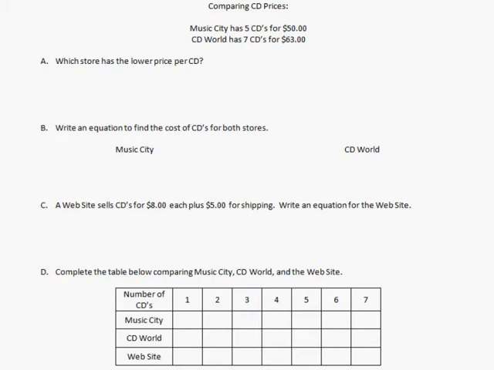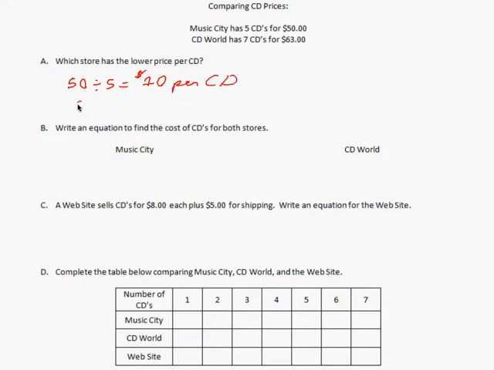So we're going to talk about comparing CD prices. Music City, just some random CD company, has 5 CDs for $50, and CD World has 7 CDs for $63. A, which store has the lower price per CD? So price per CD, division. So what we're going to do is take 50 divided by 5 equals $10 per CD.